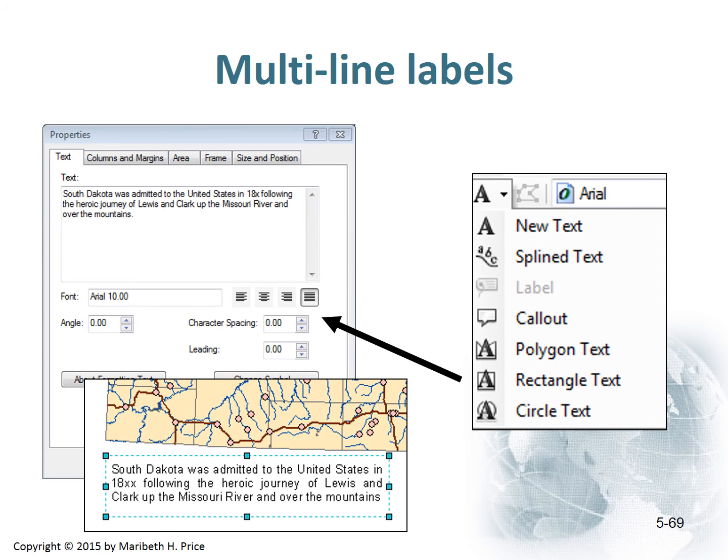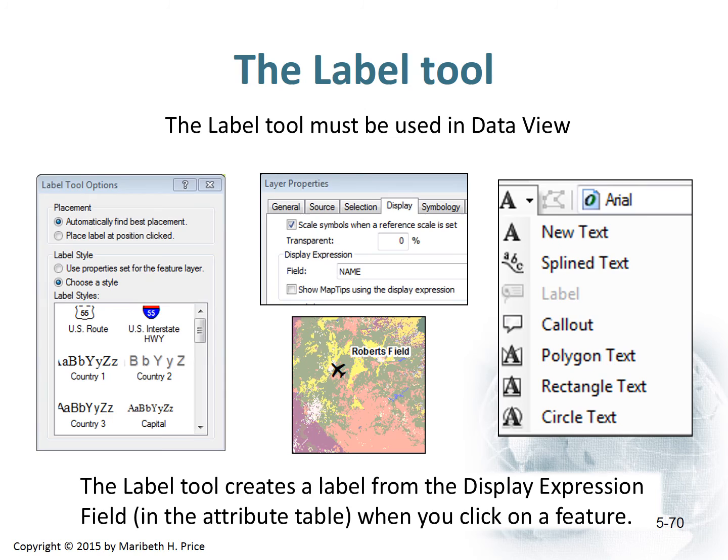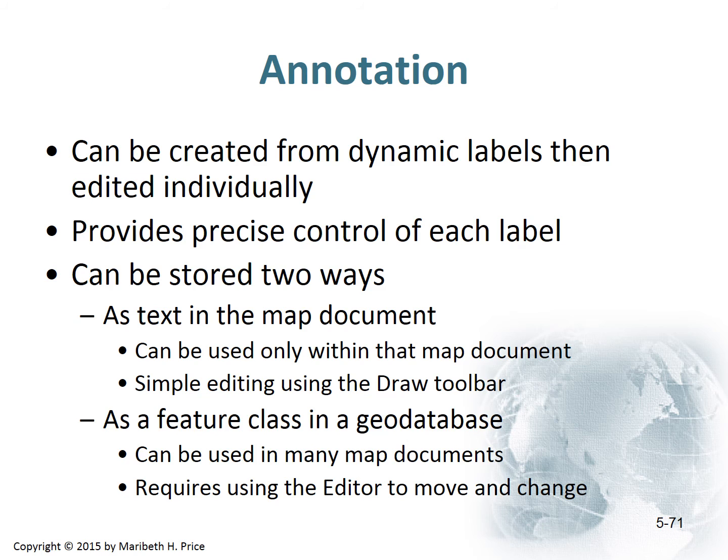You can also adjust the character spacing and how things are aligned when you add multi-line labels and things like that. The label tool must be used in the data view. Okay, so that's a little bit different. But the label tool creates a label from the display expression field in the attribute table when you click on a feature. So as you go over it, it'll show those things.